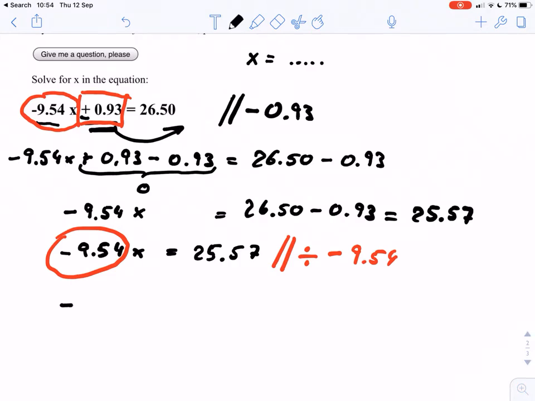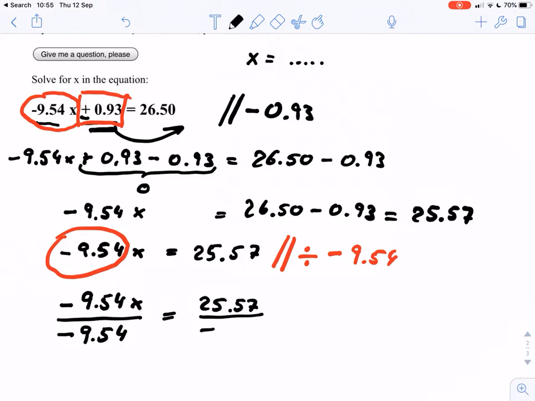So we have negative 9.54x divided by negative 9.54 equals 25.57 divided by 9.54.